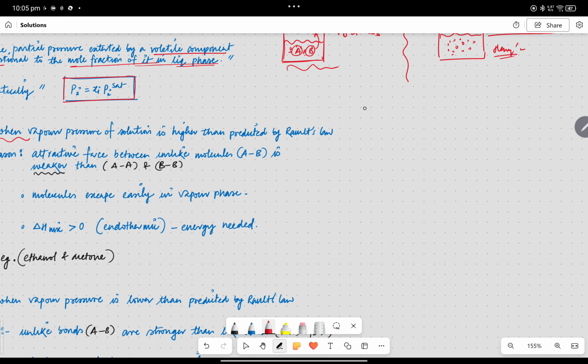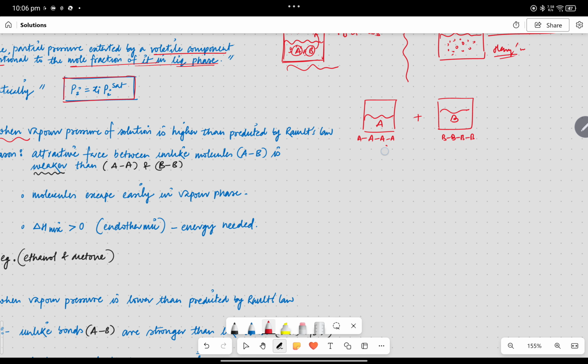So what happens? Let's assume you have a component A and a component B, and obviously the molecules are attracted to each other. The AA molecules and the BB molecules are together, forming bonds like H bonds or van der Waals bonds, any bond.